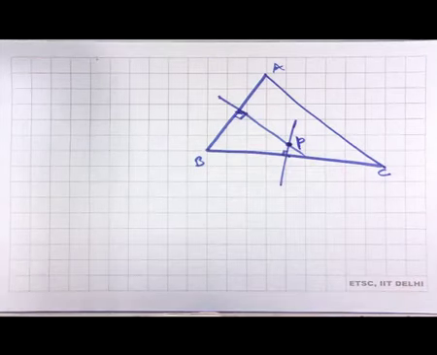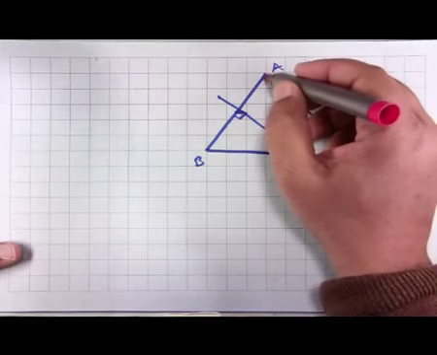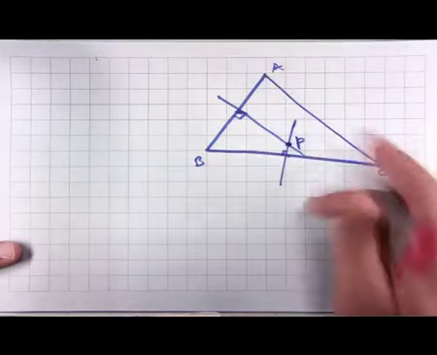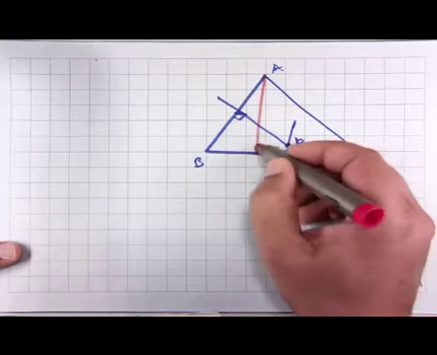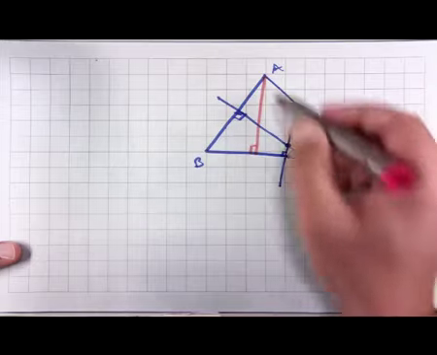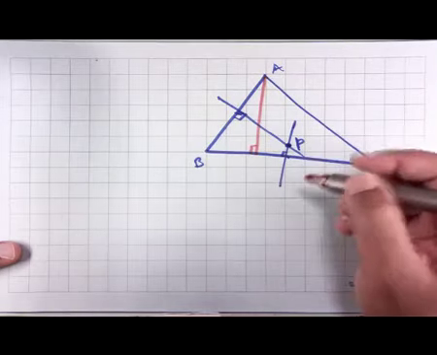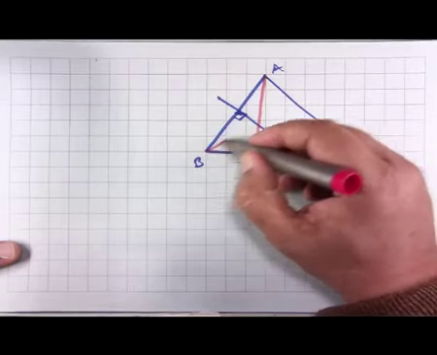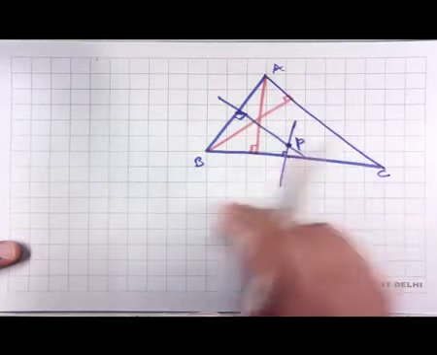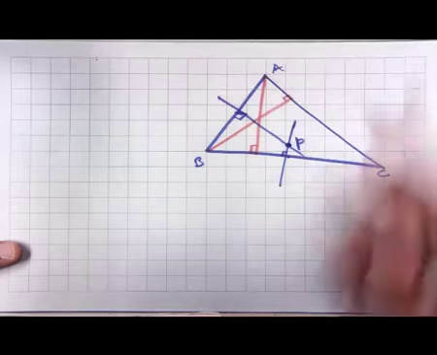For the orthocenter, we drop perpendiculars from each vertex to the opposite side. So, let this be one of the perpendiculars from A to BC, then let this be the perpendicular from B to the opposite side AC.